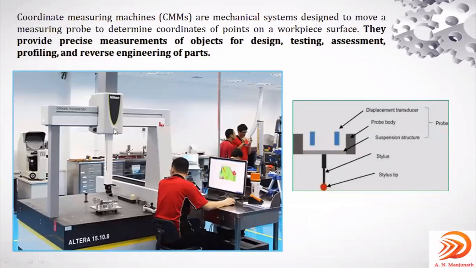There are many varieties of CMM available, so I will show some examples over here. This is the probe which is connected to the stylus, and it has a displacement transducer. It converts the mechanical movement into electrical signals, right?